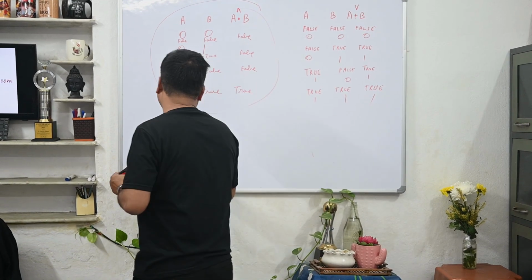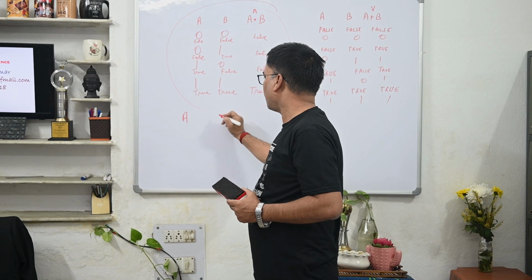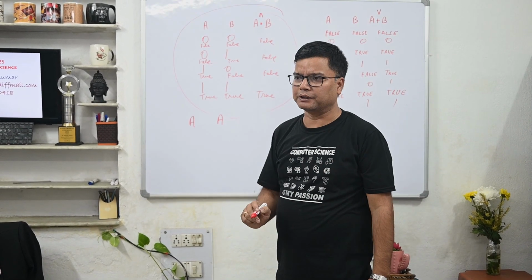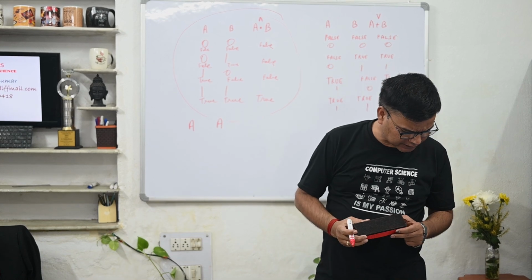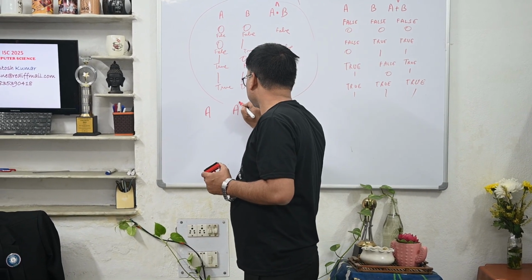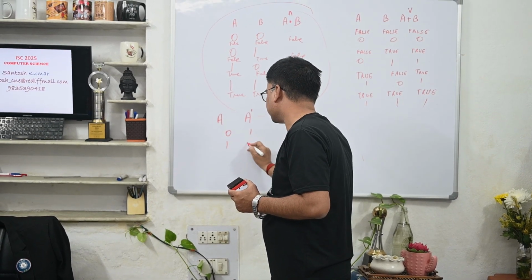The third one is negation. Negation is a NOT. Like if I say A, I apply this NOT operation to A, so this results in a negation. To represent a negation, we write A bar, right? Now if it is 0, it becomes 1. If it is 1, it becomes 0.